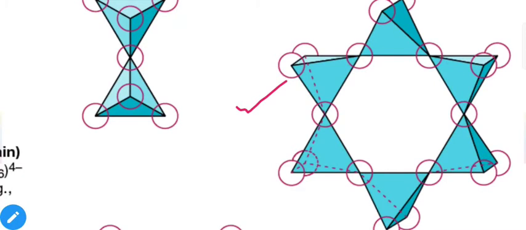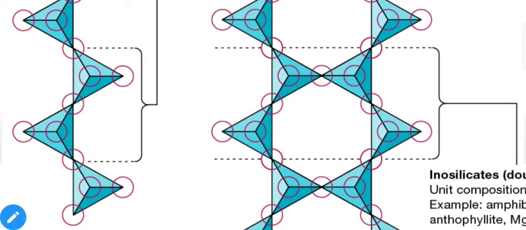As we can see, each SiO4 or silicate shares two oxygens with adjacent silicates. So that's why we can get this star-like shape or ring structure. The second possibility is this straight line structure. Each silicate shares two oxygens in this case as well, but they are present in a straight line.